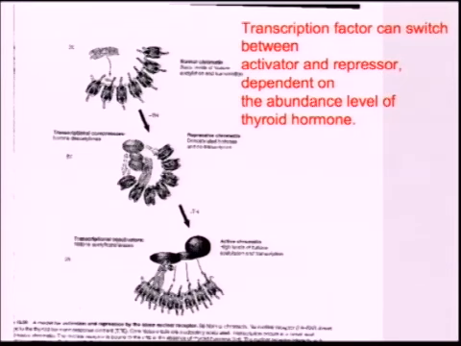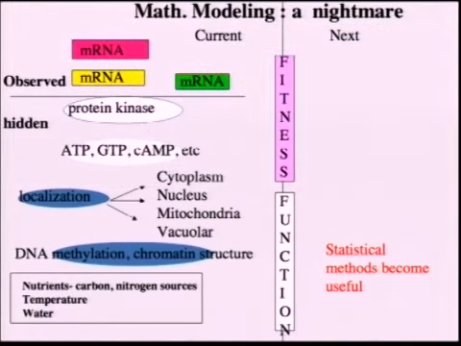That's the DNA getting opened up, and that's how the transcription can carry on. So what we're seeing is that depending on the level of this thyroid hormone, a single transcription factor can act either as an activator or a repressor. So if we are talking about gene regulation, it's very hard to say whether you should see a positive or negative sign in there, and that's the whole complexity.